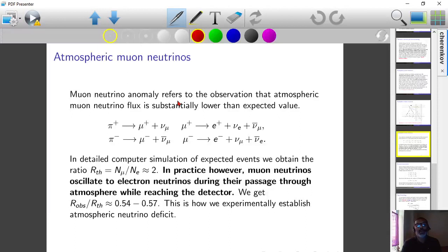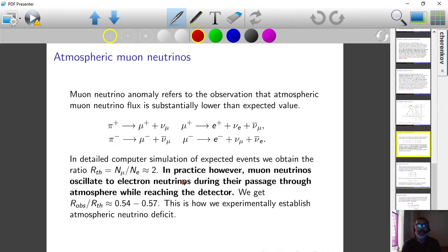Muon neutrino anomaly refers to the observation that atmospheric muon neutrino flux is substantially lower than the expected value. What is the expected value? In detailed computer simulation of expected events, we obtain the theoretical ratio, R theory, equal to N mu by N e, approximately 2.